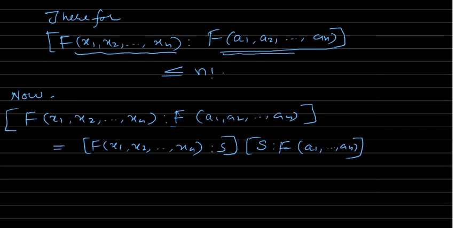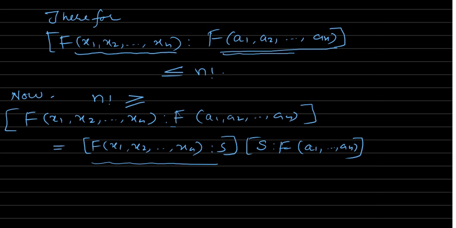You have seen this. You can start with n factorial: n factorial is greater than or equal to this degree, as you saw above, and this thing is equal to that one.